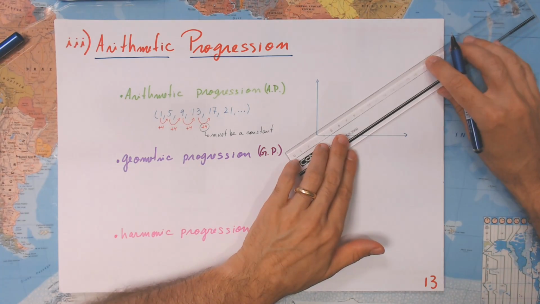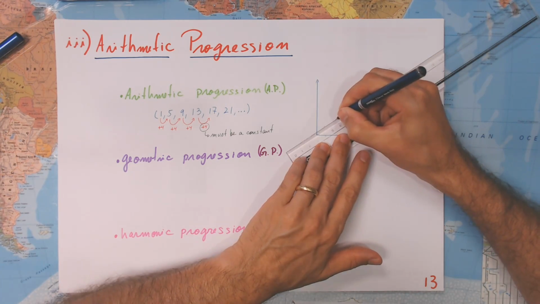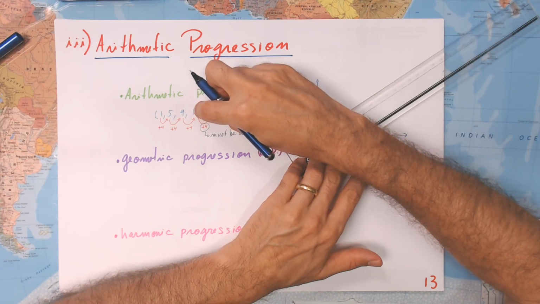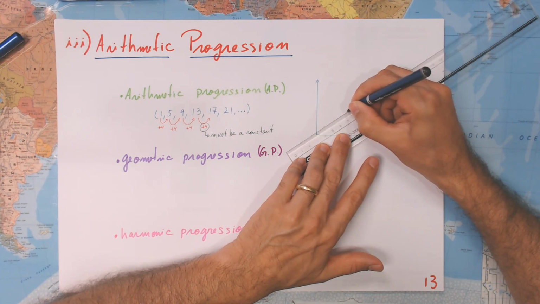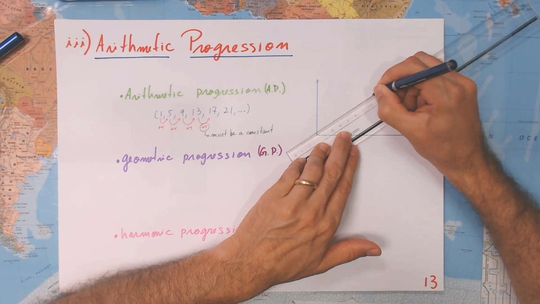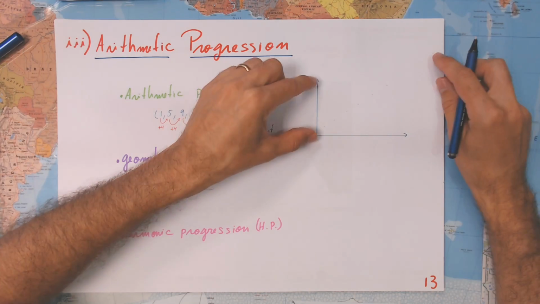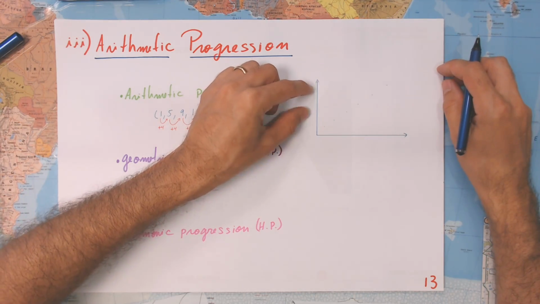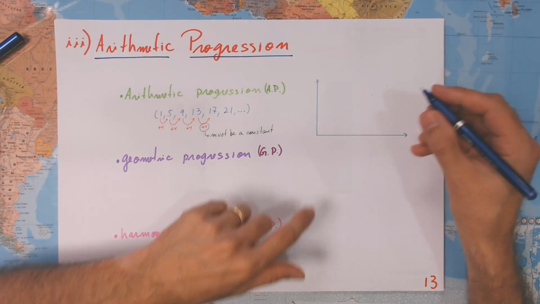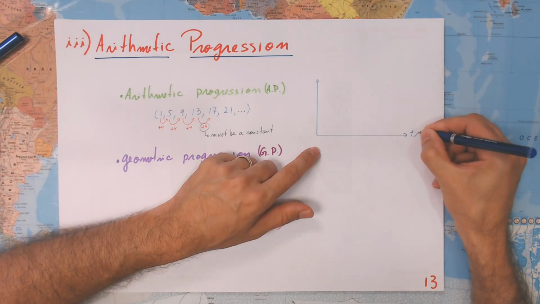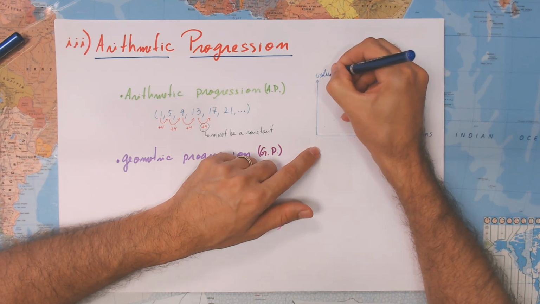So here we have 1, 2, 3, 4, 5, 6. I'm not concerned about exactly how tall this is, the height of the x and y axis. Those are my terms, and those are the values.